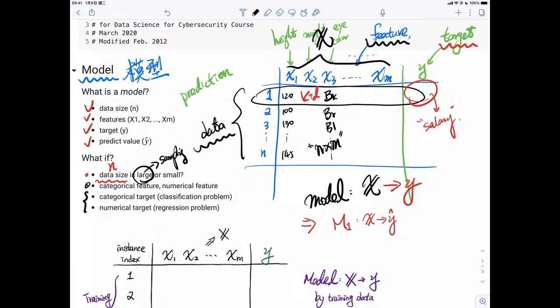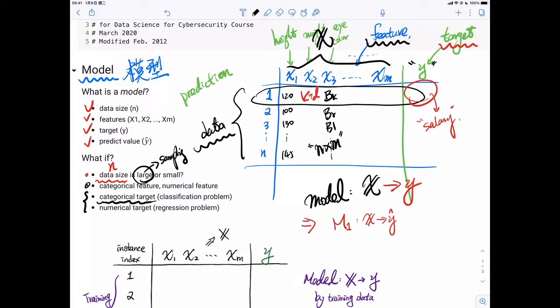We're talking about Y. If Y is categorical data, this specific problem is a classification problem, which means you would like to do a prediction. You would like to use the values in big X to predict Y, and Y is a category.